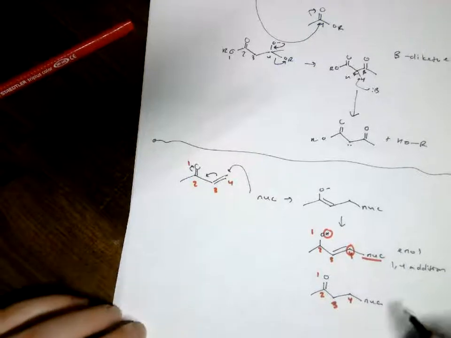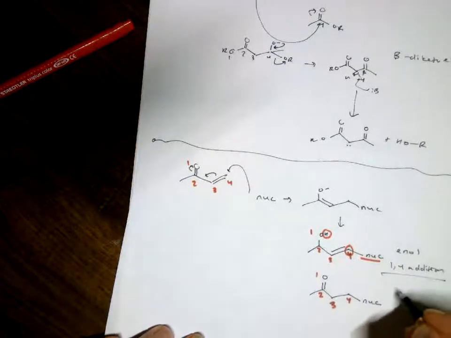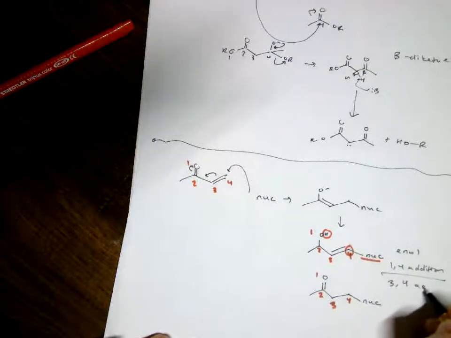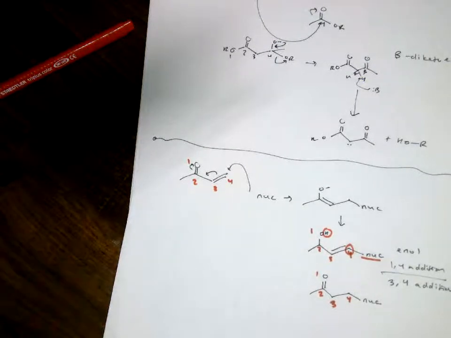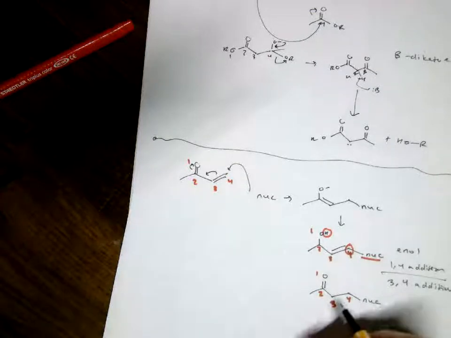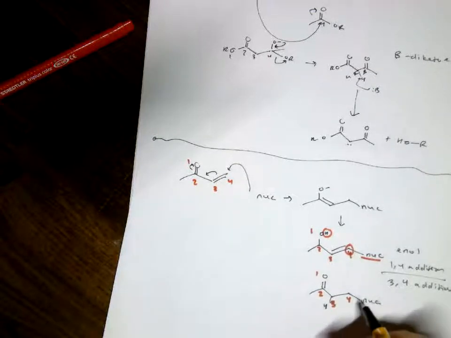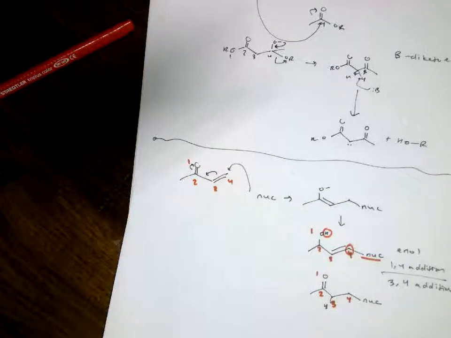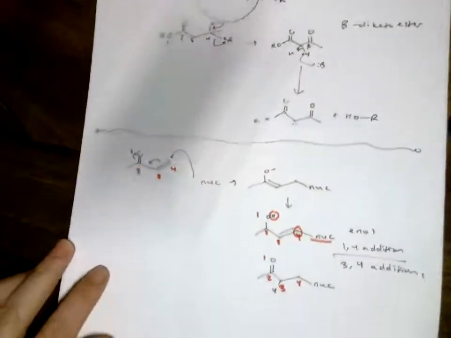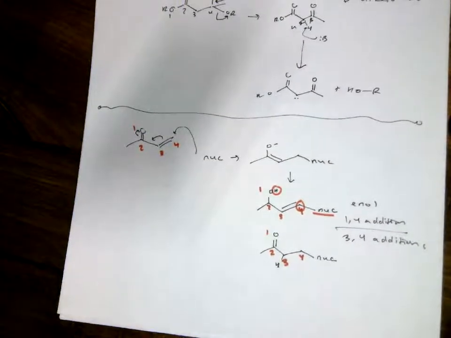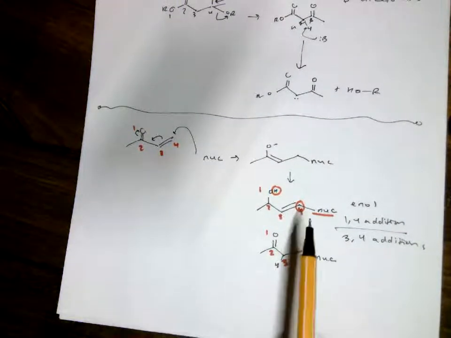So 1,4 additions actually, I think, would be better called 3,4 additions because ultimately, although in the first step there's a 1,4 addition, ultimately the only place that there's an addition is you get your hydrogen here and you get your nucleophile here. So that's something that I think consistently confuses students.